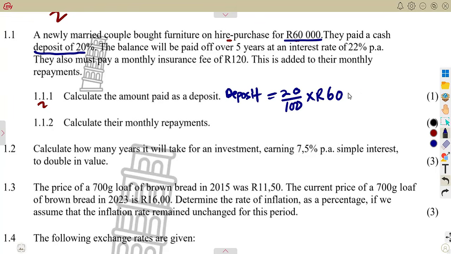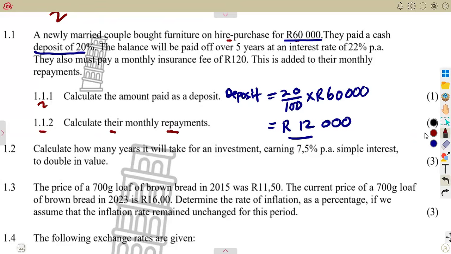So it's 20% of the amount that you're given, the higher, the original price that you are given before. That's 20% of that, the deposit which was paid, and that gives us 12,000. That is 12,000 rand. So they paid a deposit of 12,000. Then the question is to calculate their monthly repayments.